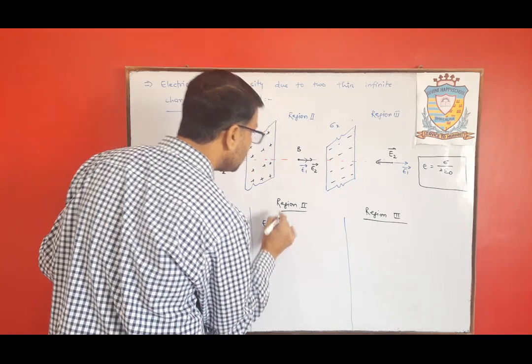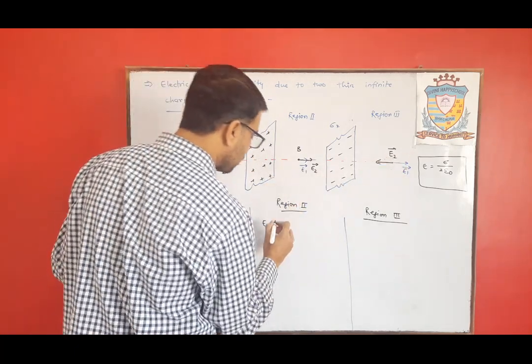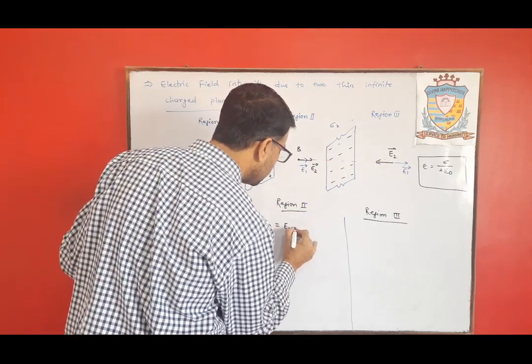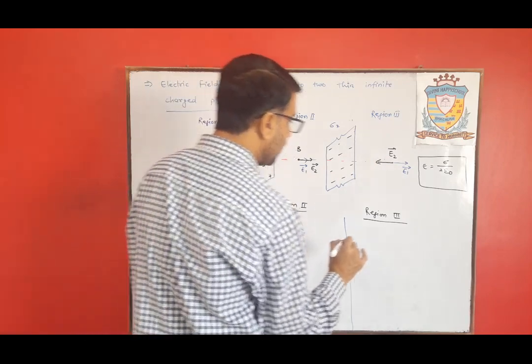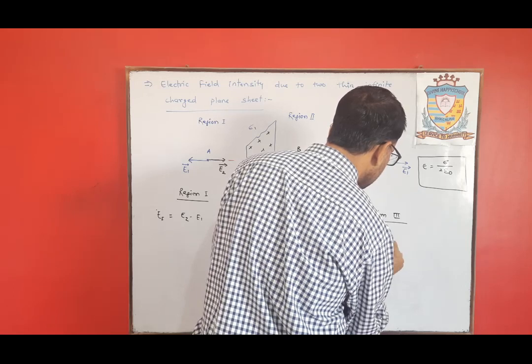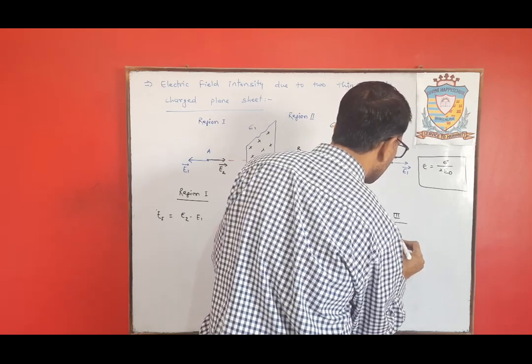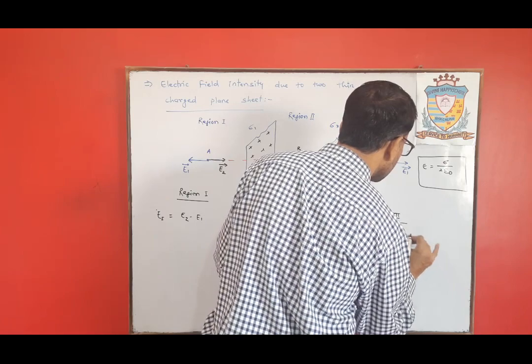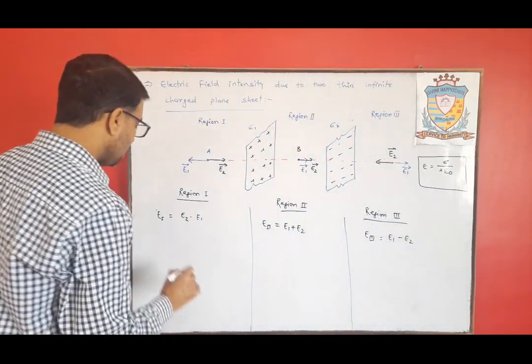In region 2, both are moving towards the positive x-axis, that means E1 plus E2. And in region 3, E1 is positive while E2 is negative, so E1 minus E2.